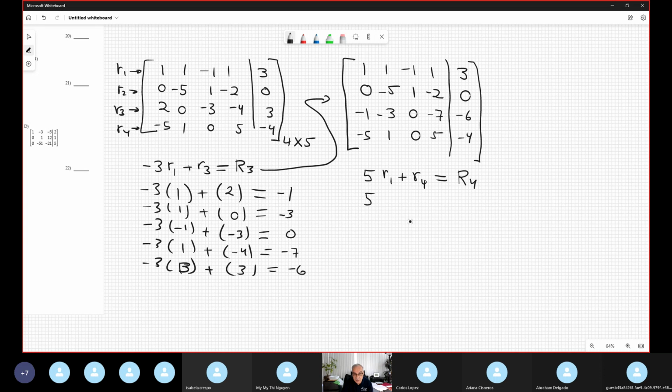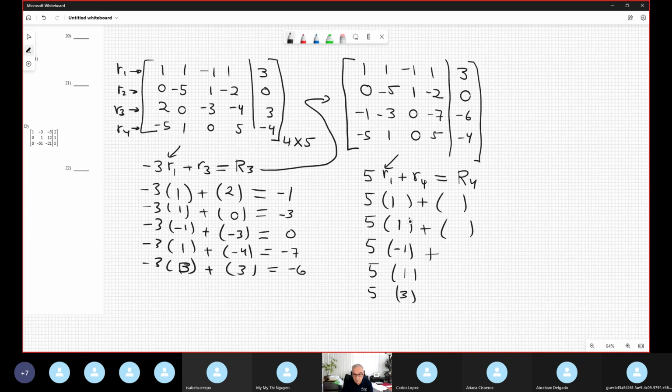So 5 multiplied by the same number: 1, 1, negative 1, 1, and 3. This is a coincidence because the manipulation is in row 1, plus row 4, which is negative 5, 1, 0, 5, and negative 4.